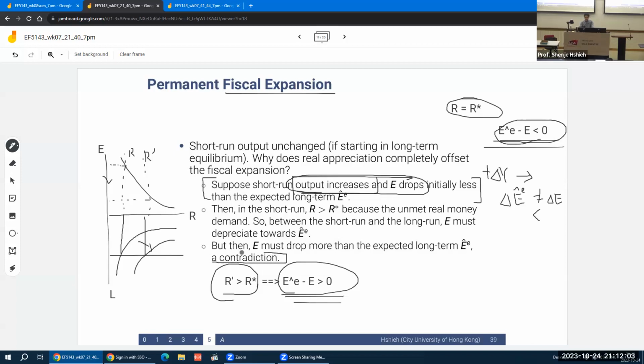We reached a contradiction, so our initial assumption must be false. We are forced to conclude that total output of a permanent fiscal expansion under this special case is 0. That must be 0 in the short run as well as in the long run.